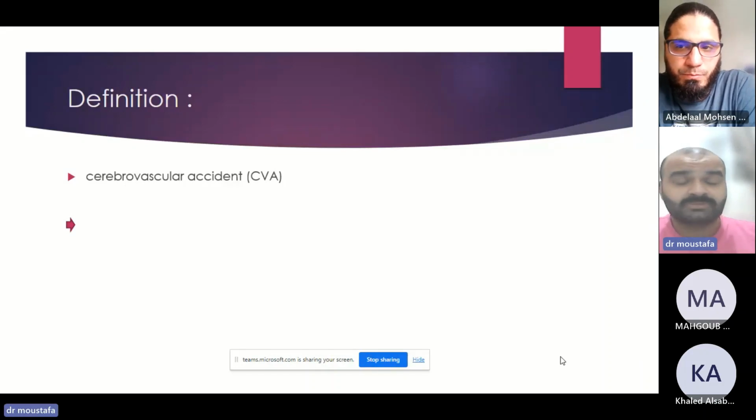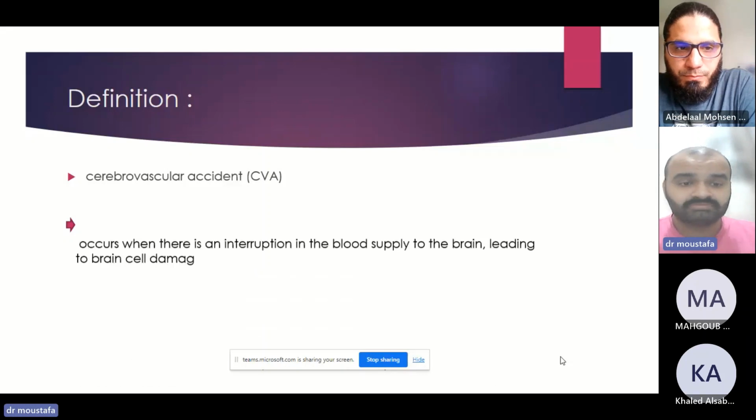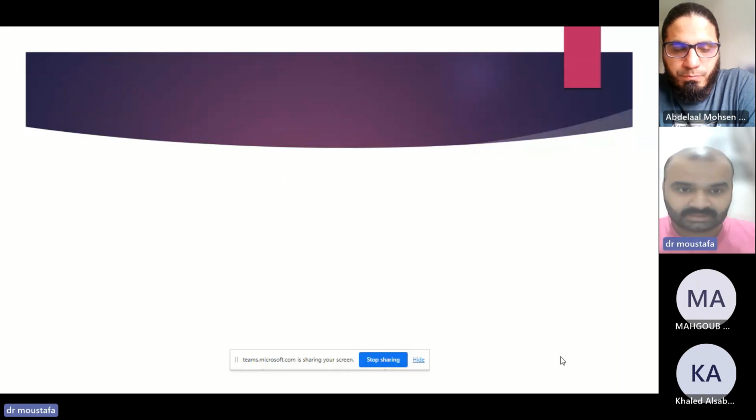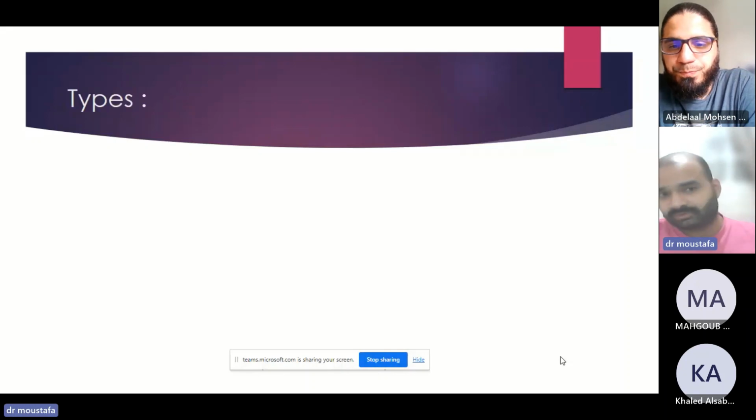From the name, cerebro means the brain, vascular means the blood. So it occurs when there's an interruption in the blood supply to the brain, leading to brain cell damage. That's why it's significant as an emergency condition, because brain cell death is, of course, an emergency. That's why we need to know about the types of stroke.